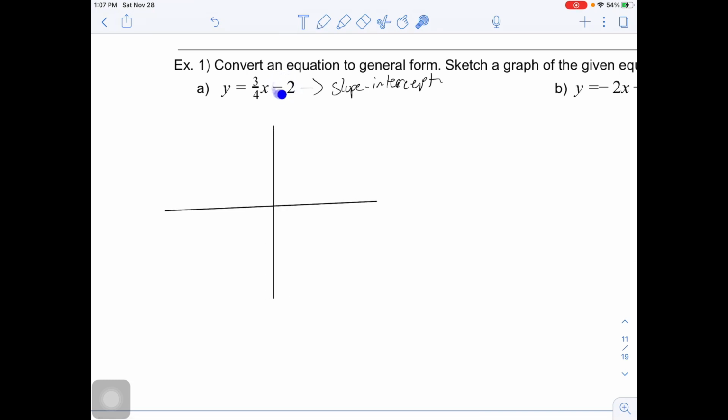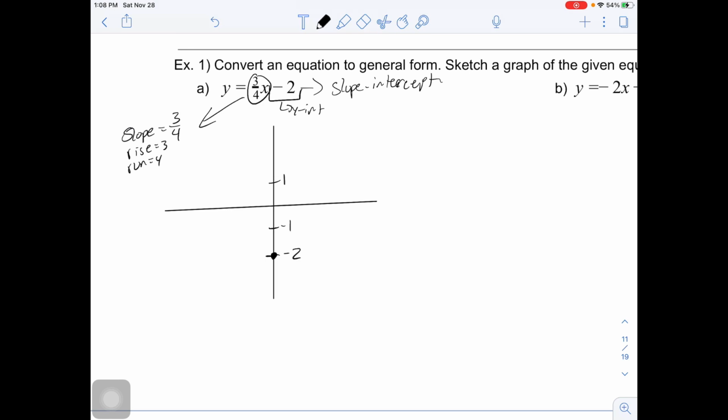So we have our y-intercept at -2. So there's our point there. And then our slope equals +3/4. So our rise is +3. Our run is +4.